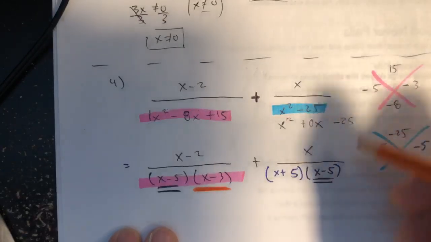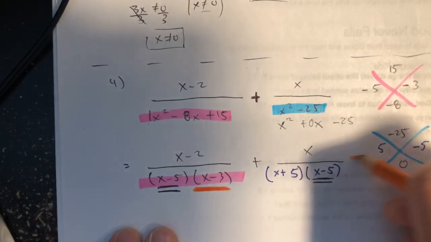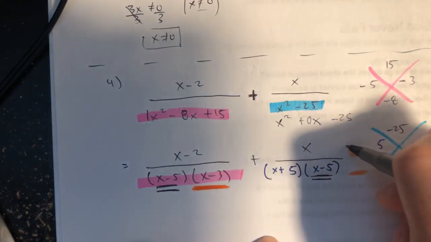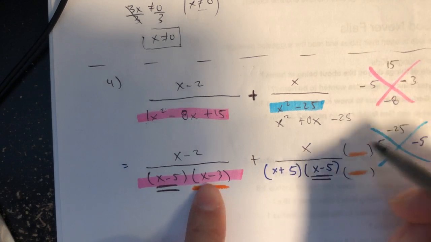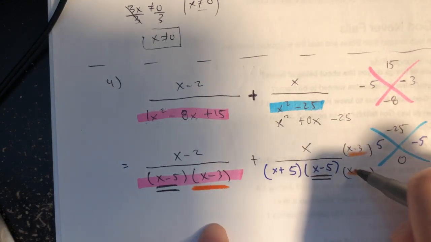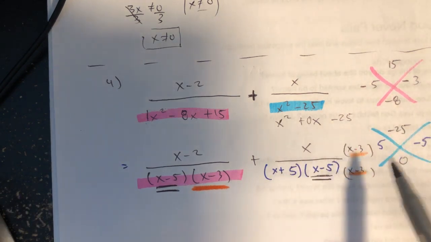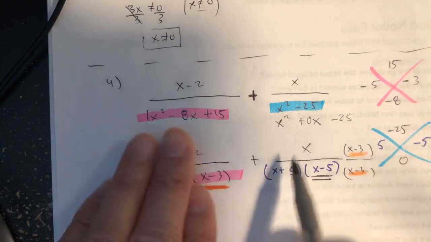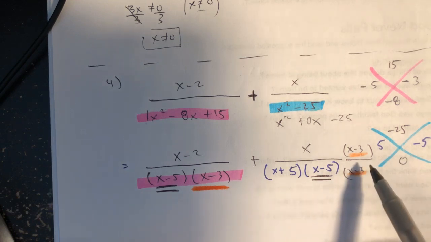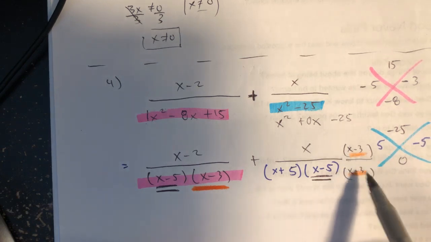This one is missing the x minus 3. So I'm going to have to multiply by x minus 3 on both sides here. This one has an orange, this one doesn't, so we have to be fair. Remember, you can multiply one side of the addition sign by 1, and it doesn't change in math.